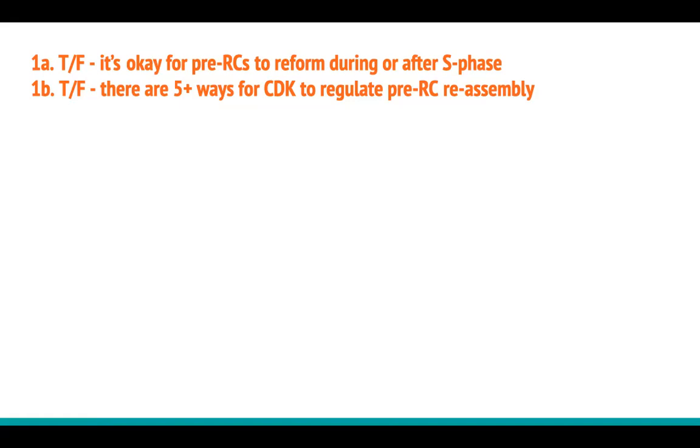So the answer is false. If you do reform pre-RCs, then they can fire replication again, and you don't want that because that could cause a lot of mutations or problems with multiple DNAs and stuff like that. What about for 1B?